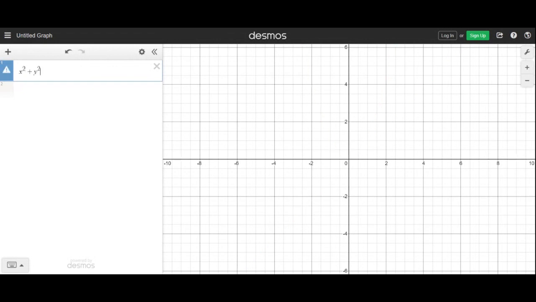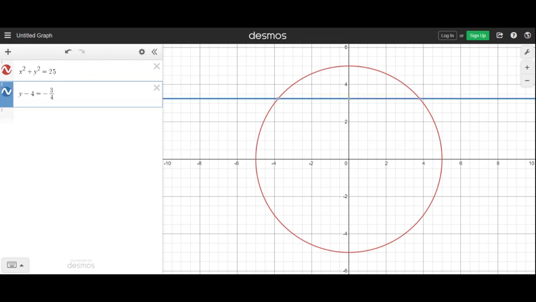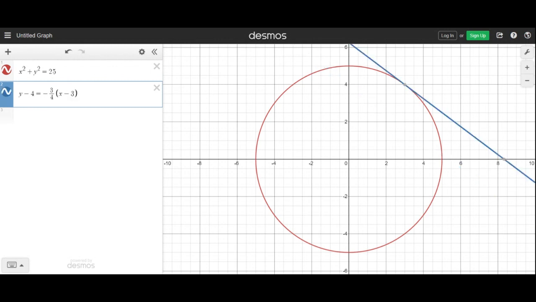There's our circle, radius of 5. And then the equation that we got for our tangent line was y minus 4 equals -3/4 times x minus 3. There's your tangent line. It should go through the point 3,4. There's our point 3,4. That checks out.